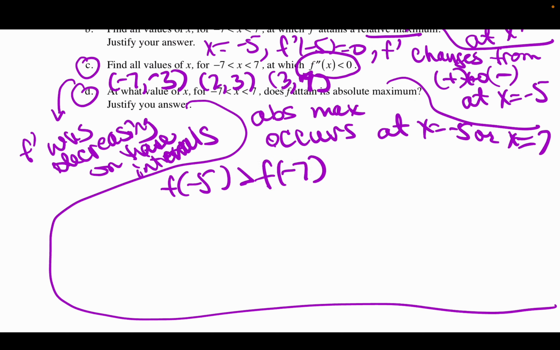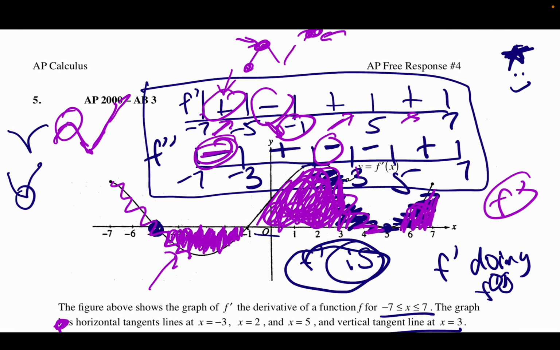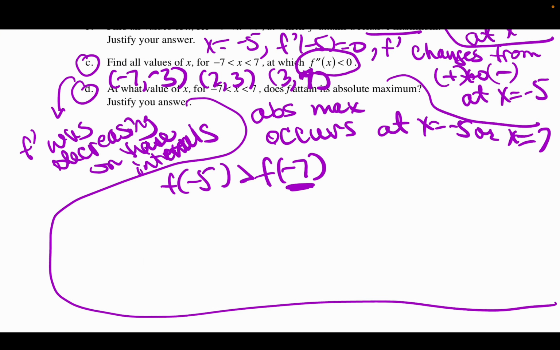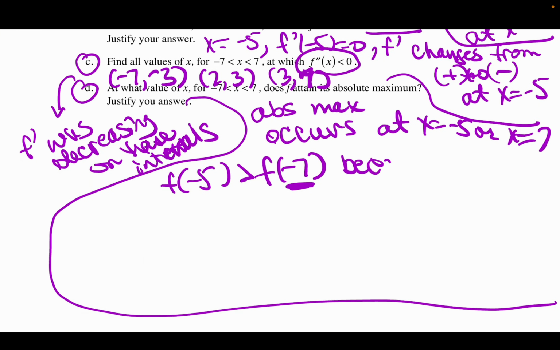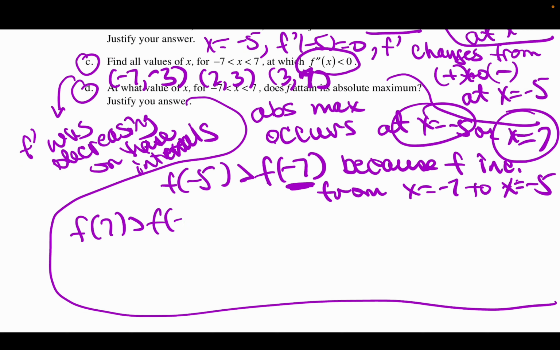I already knew, checking this endpoint at -7, that f of -5 was greater than f of -7 because it increased from -7 to -5. This was probably not necessary because we've established we're really only looking at these two, but I was just over-explaining.